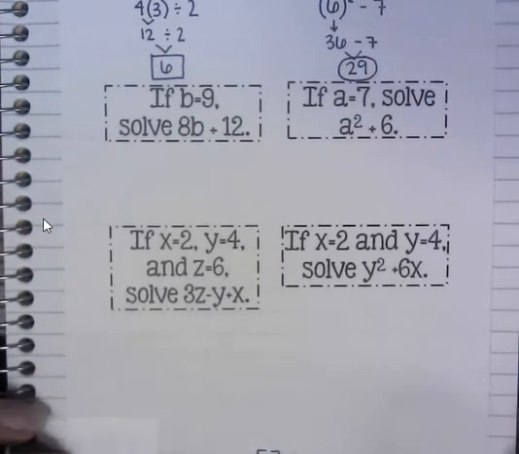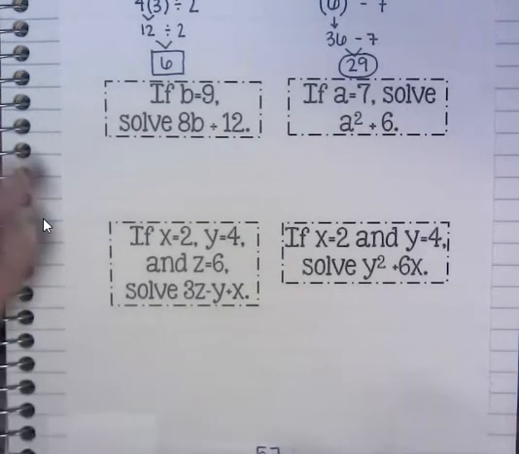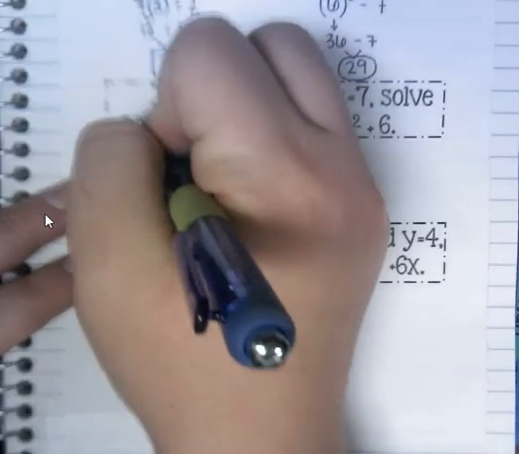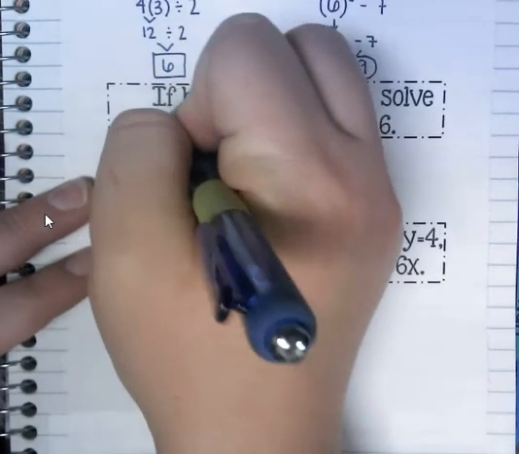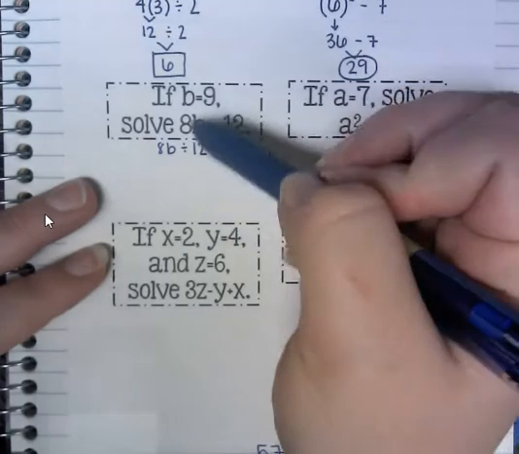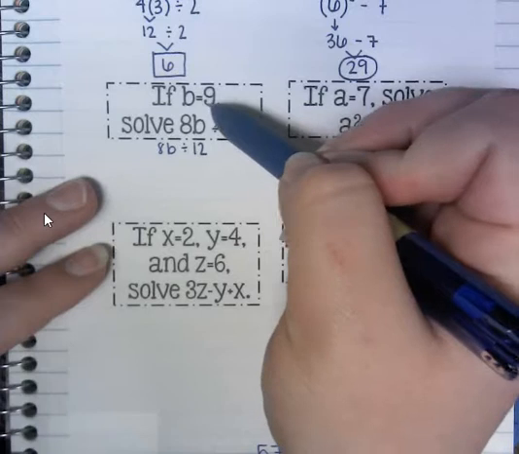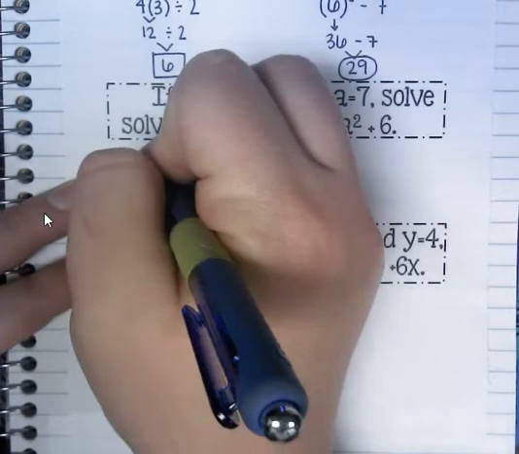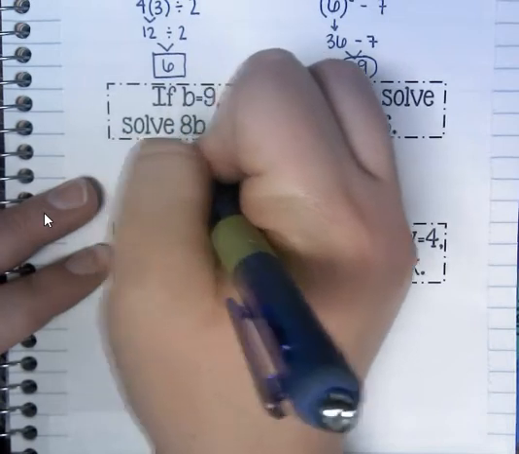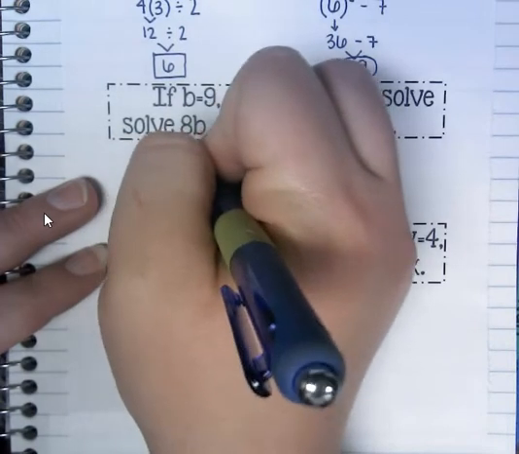Next, if B equals 9, solve 8B divided by 12. So I'm going to write 8B divided by 12. Then I'm going to substitute in 9 where I see B. I'll put 8 parentheses 9, parenthesis divided by 12.